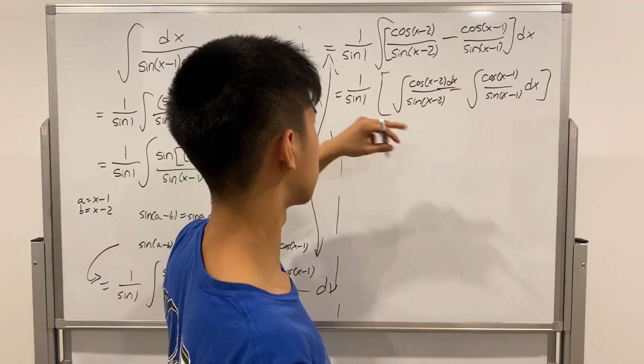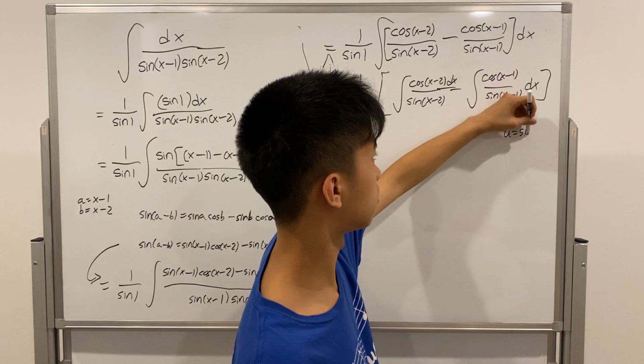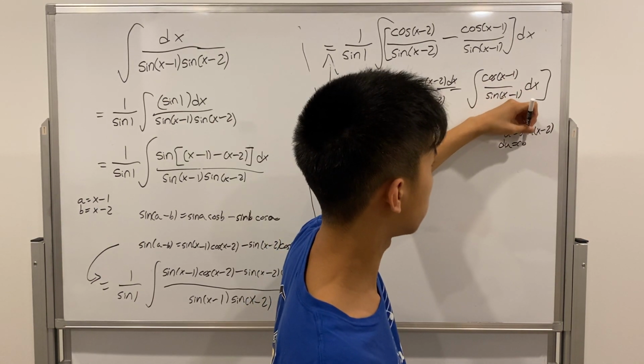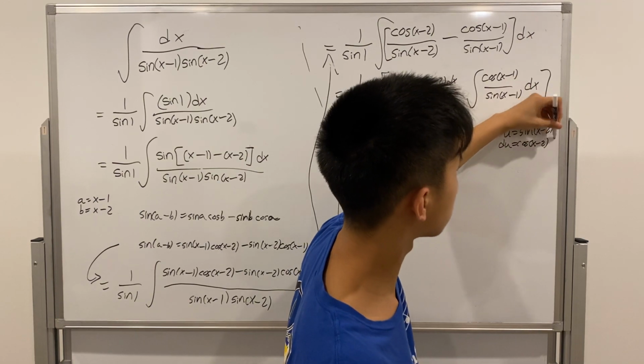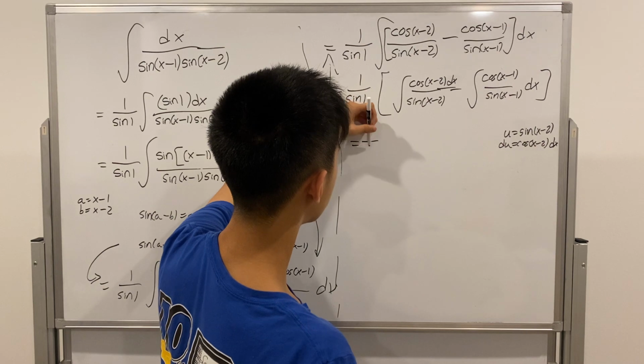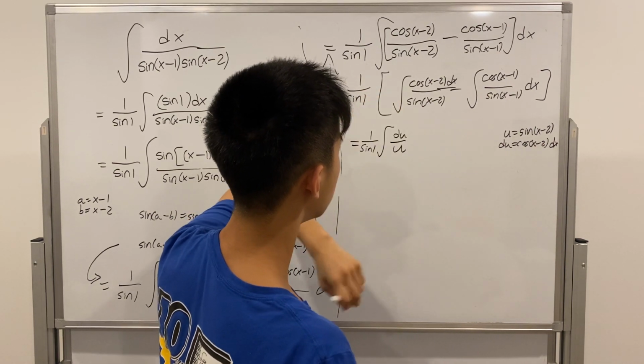For this first integral, we can set u equal to sine of x minus 2, which would make du equal to cosine x minus 2 dx. So this would become 1 over sine 1 of du over u.